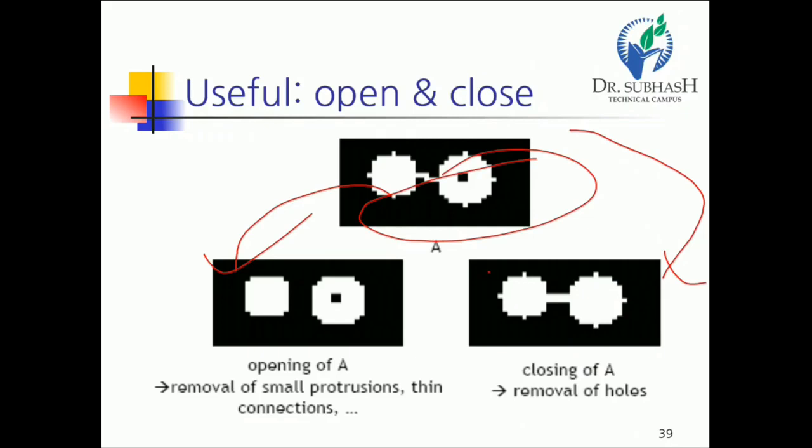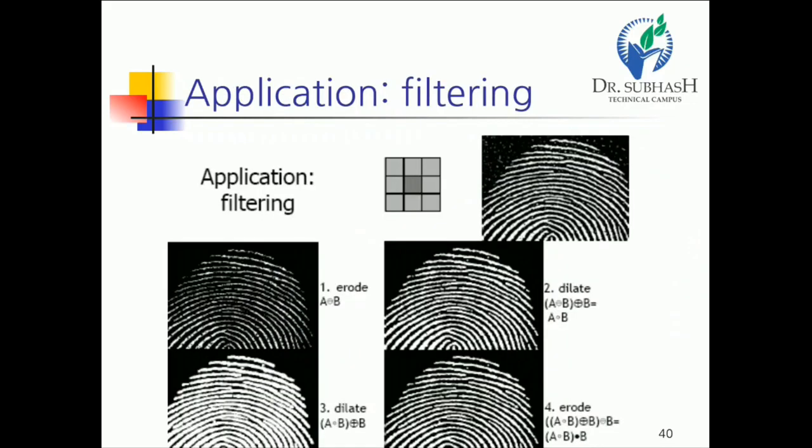So here we are now getting no holes. Another application of morphological image processing is filtering. Applying the filtering, we get different results for dilation, erosion, opening and closing.